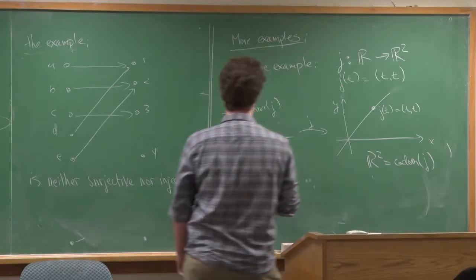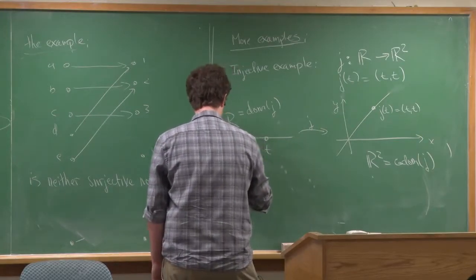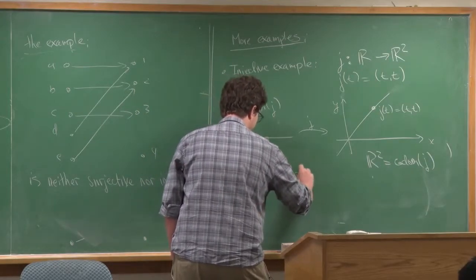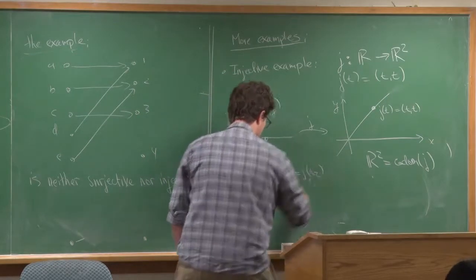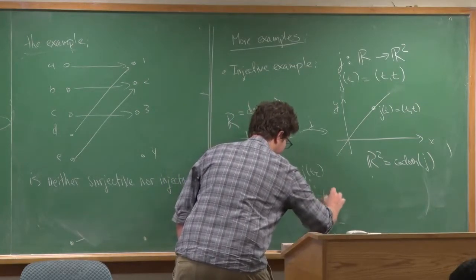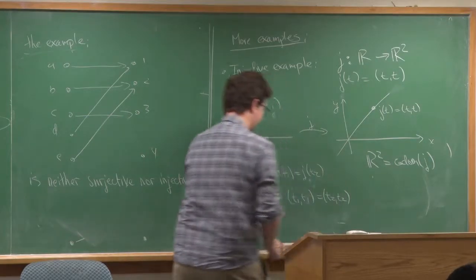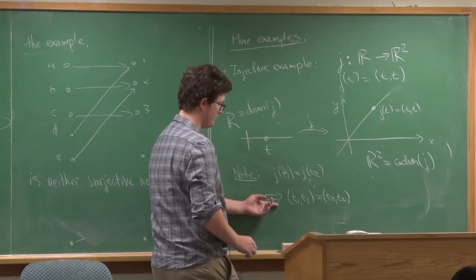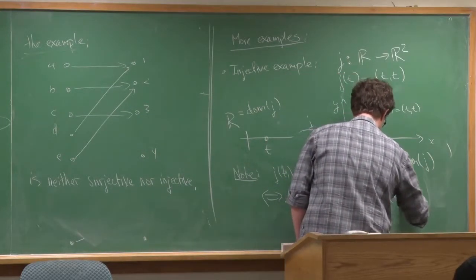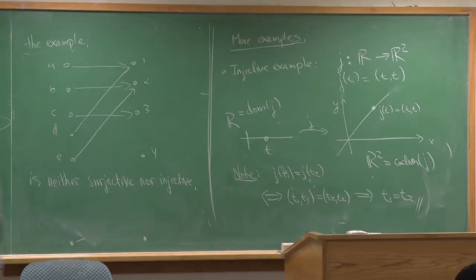Note that if j of t1 is equal to j of t2, this implies that (t1, t1) is equal to (t2, t2). That's the definition, so this implies that t1 is equal to t2. Okay, so this is an injective example.